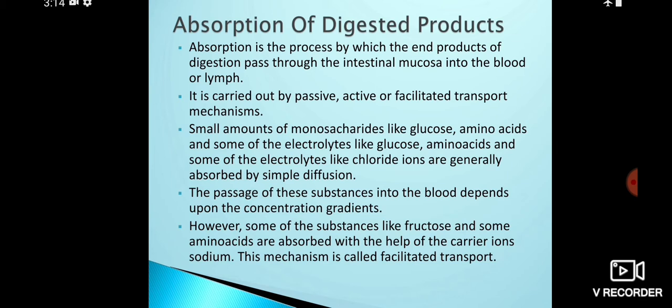Because if they are in the form of simple molecules, then it is very easy for our body cells to absorb the energy from those particular food molecules.